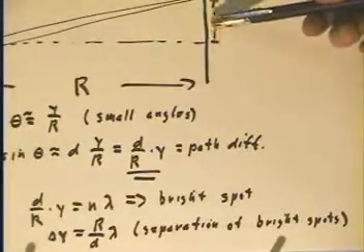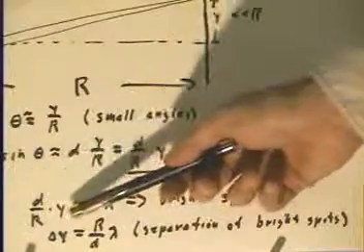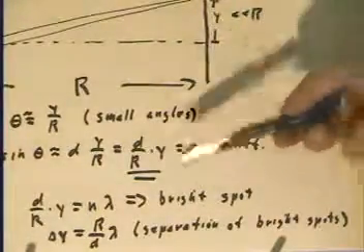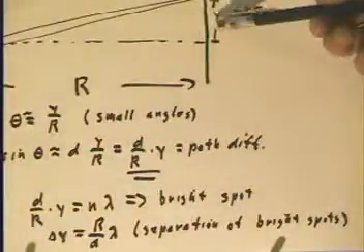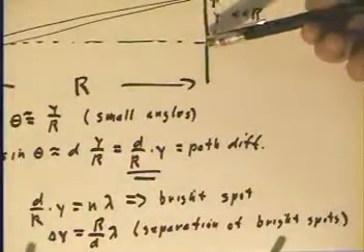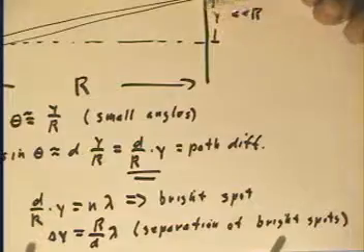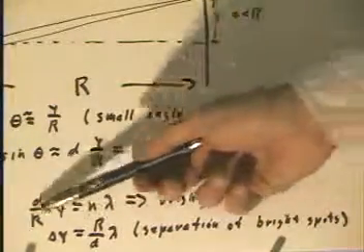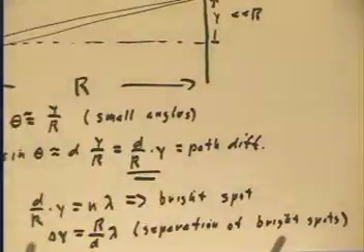As y changes, d over r times y changes. Sometimes it'll equal n lambda and we'll have a bright spot, and sometimes it'll equal n plus 1/2 lambda and it'll be dim. As we move away from here, we'll see bright, dim, bright, dim. As y changes, it changes the value of n that makes this reinforce.